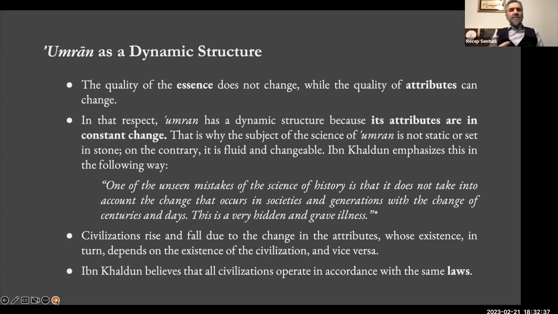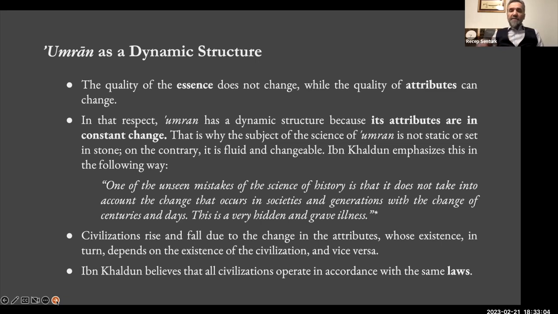Civilization, society is a dynamic structure. Its essence does not change, but attributes always change. So in that respect, Umran has a very dynamic structure because its attributes are in constant change. That's why the subject of the science of Umran is not static or set in stone. On the contrary, it's fluid and changeable.